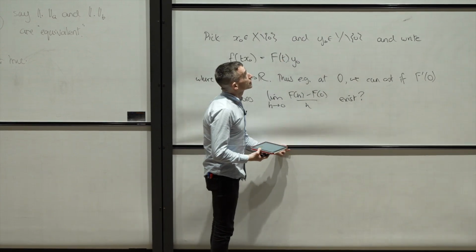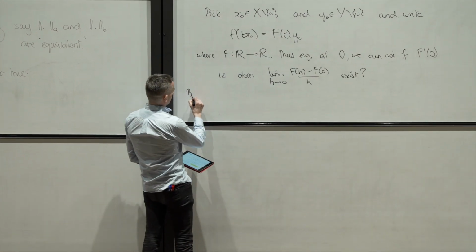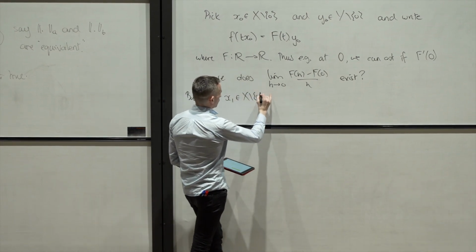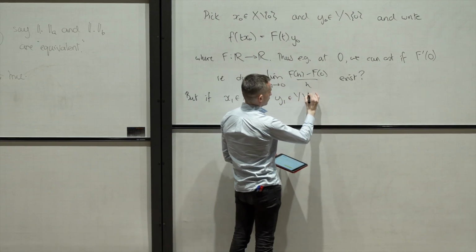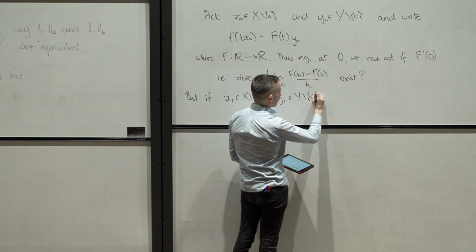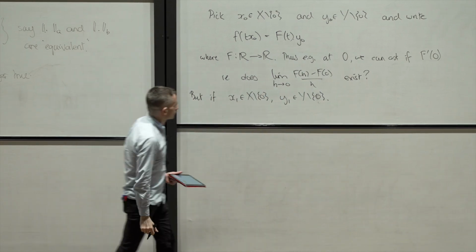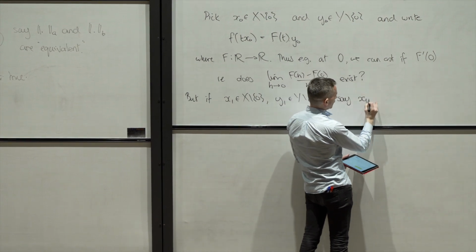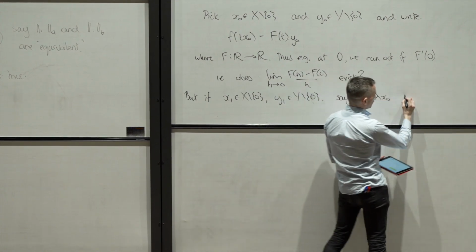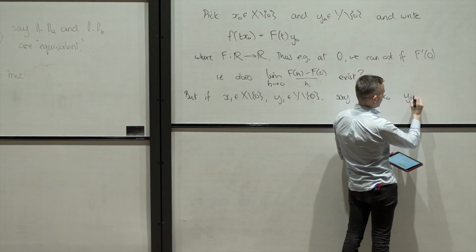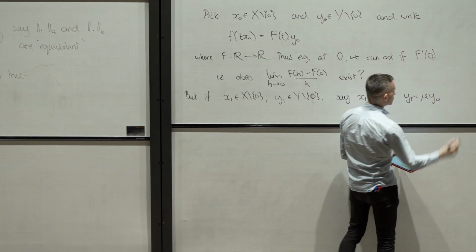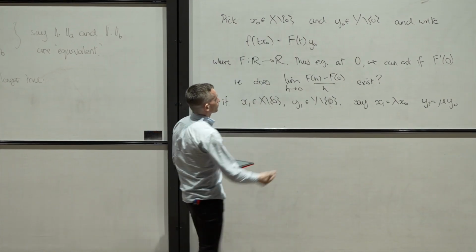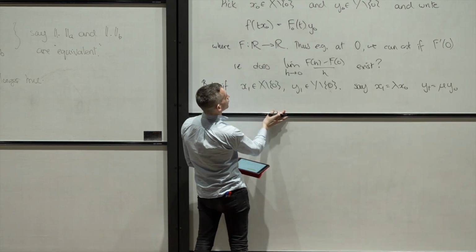So if we take, let's say, x1 and y1, some other choice of vectors which are non-zero, then x1 is going to be some multiple of x0, and y1 is similarly going to be some multiple of y0. And then we'll get a new function, maybe I'll call this one F0, and the new function F1.